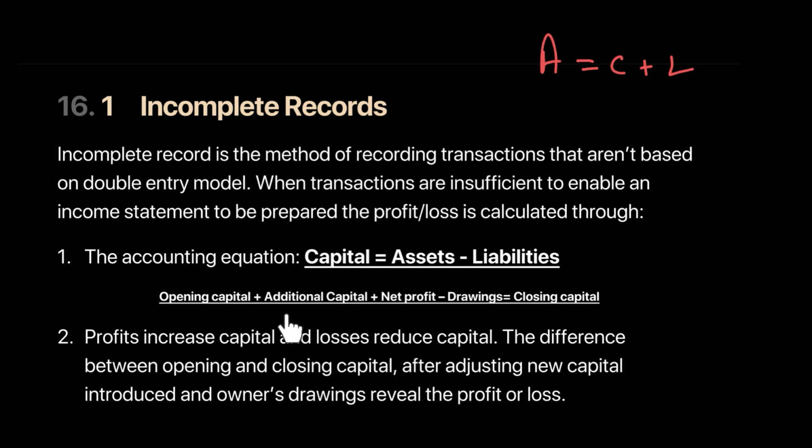You will know your additional capital, and drawings will be given. So you will have to use this in order to calculate your net profit. So this figure might be missing. Let me highlight this. The net profit might be missing over here. So our job will be to rearrange this equation in order to calculate the net profit. Alright, so we will obviously solve some MCQs later. Over there, we will also take a look at this.